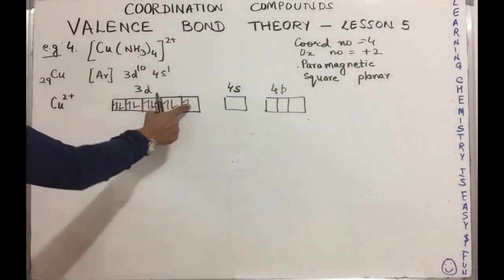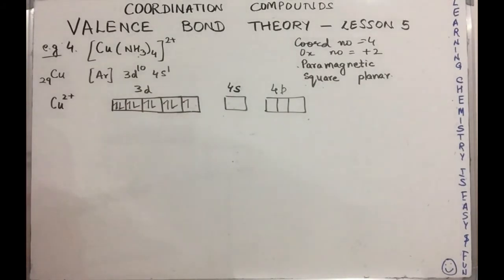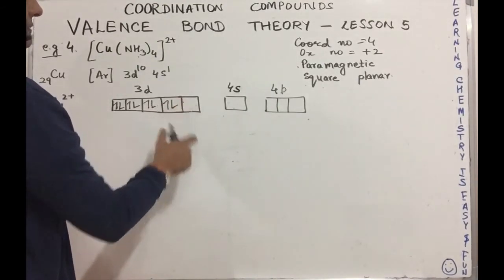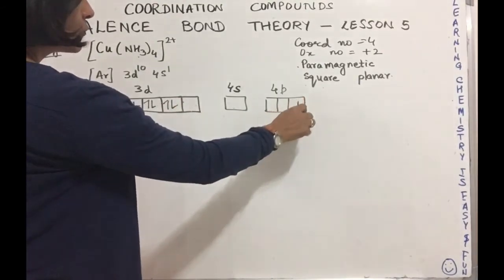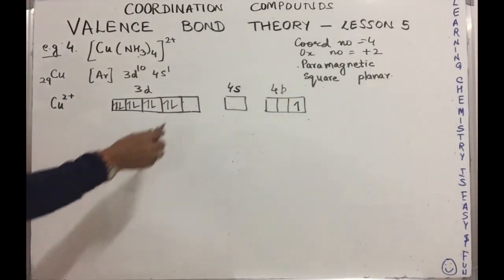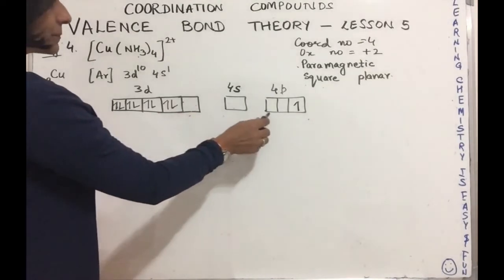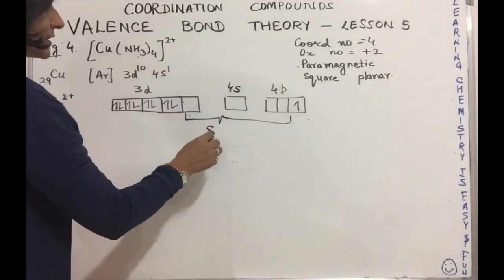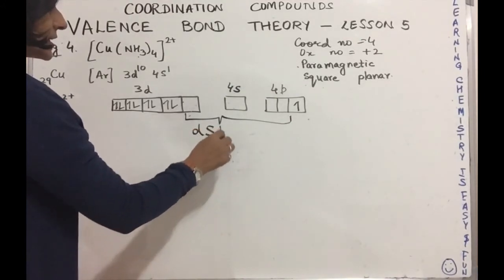What do I do about this electron? He has to accommodate, right? There is some guest coming at home. Okay, come on, pack your bags and baggage and move on to the higher energy level, go on to 4p. That's what the command is. So now I have dsp2. Oh wow, this easily fits into the scheme of things.